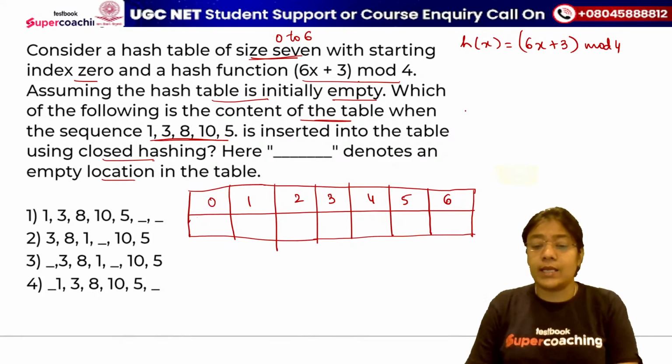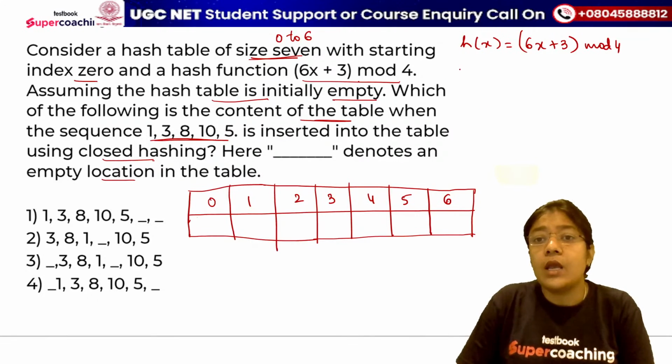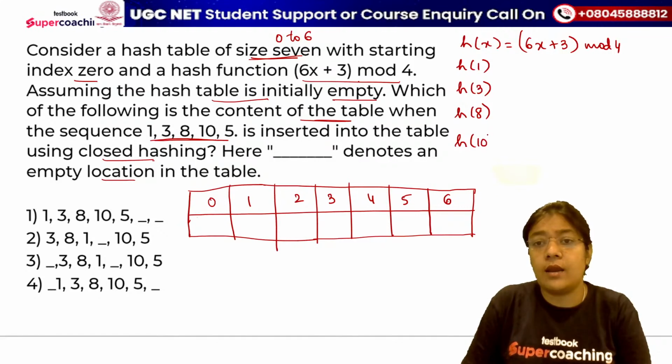So what's the correct answer? Option 1. Let's see. First of all, we have to check for key 1, then key 3, then key 8, key 10, and key 15.